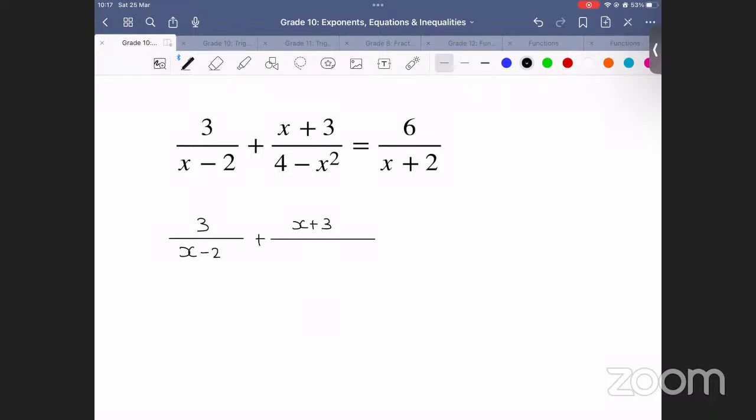DOTS. Okay, so let's do it. Perfect, right? DOTS. So remember DOTS, a squared minus b squared is equal to a minus b, a plus b.